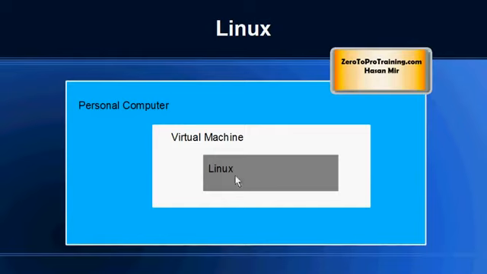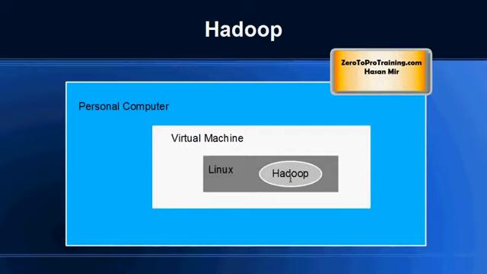So now we have Linux, and Linux is running on a virtual machine which is running on your personal computer. This way we have taken the operating system of the personal computer out of the equation, because this virtual machine is available for most operating systems, and within Linux we will have Hadoop tools running. So this way we will achieve what we want.